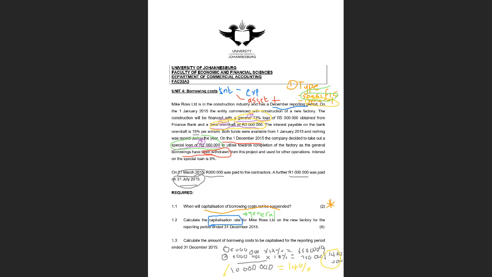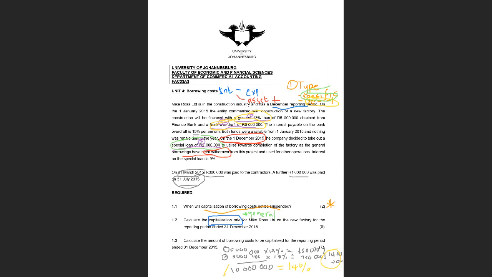We have to count until the 1st of December, because on that date the general borrowings have been withdrawn. So those loans are no longer going to be used for that project. It's now taken away, so it's not related to that project anymore. So it would be incorrect for us to still capitalize until 31st of December. Therefore, our cutoff date is the 1st of December.